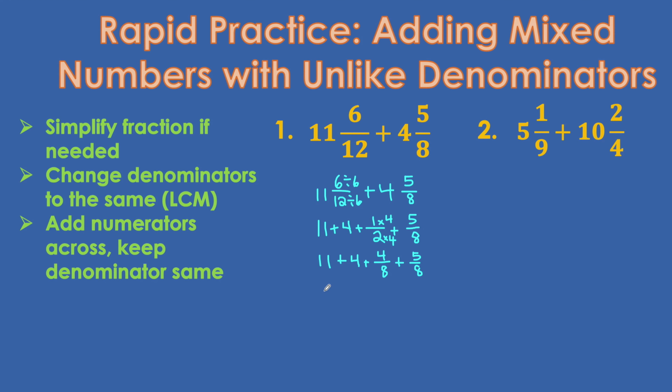Now we're going to combine these whole numbers. We're going to add them together. So 11 plus 4 is 15. Then we're going to add 4 plus 5 is 9. And we just copied the denominator. So now we have 15 plus 9/8. We see this is an improper fraction.